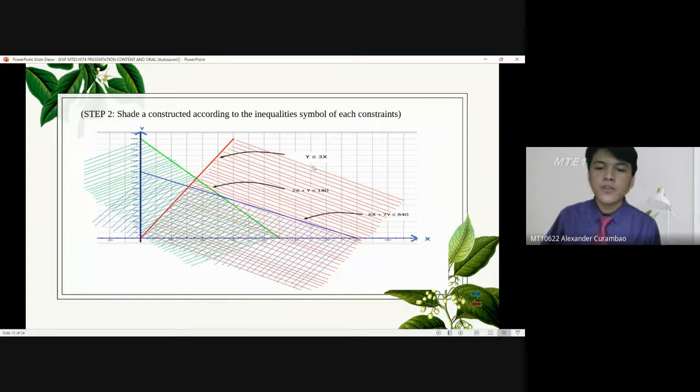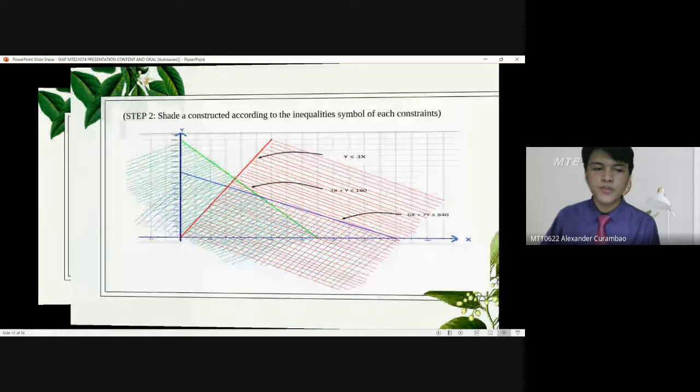So the first one is less than or equal to, so we need to shade under the line. The second one is less than or equal to, also shade under the line. And lastly is less than or equal to, also shade under the line. Okay, this is step 2.